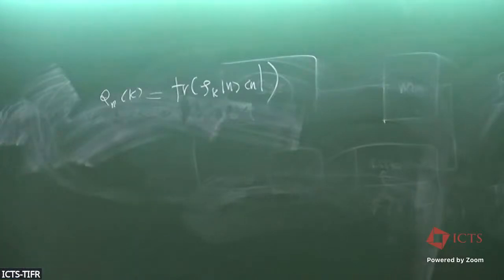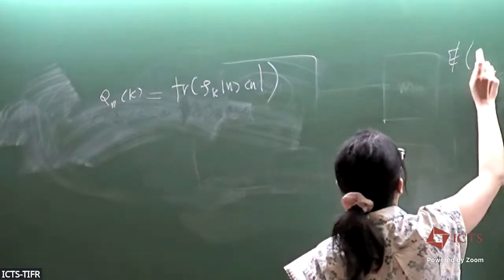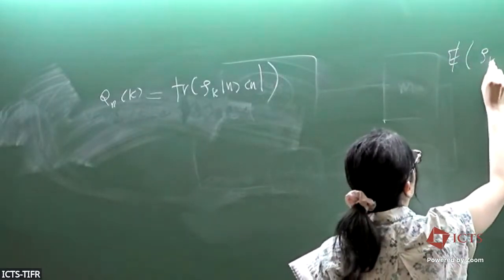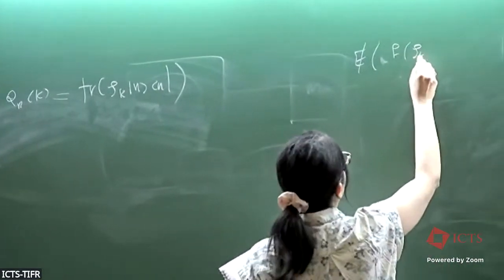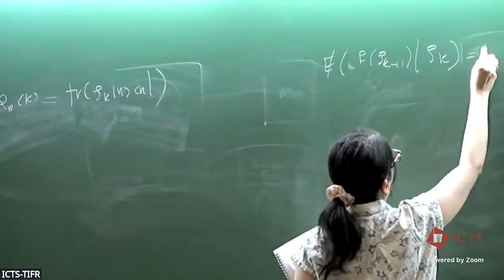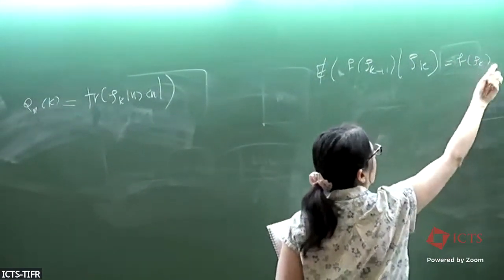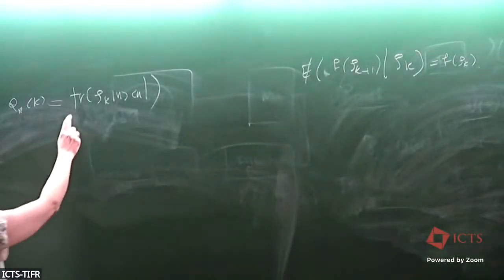So this is a martingale. What is a martingale? You can say that your expectation is constant in time: if you have some function f, knowing rho k, if the expectation equals f of rho k, then this is a martingale. So I will show that the population verifies this.